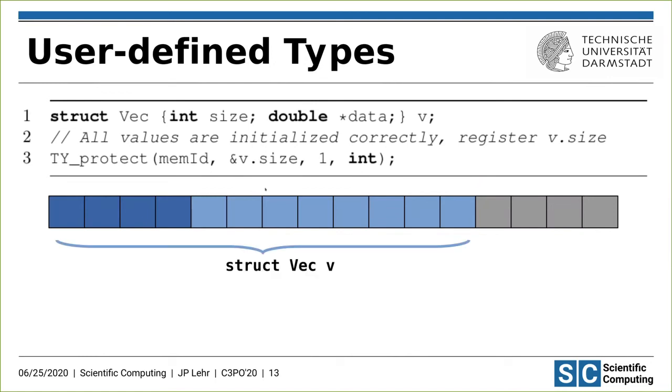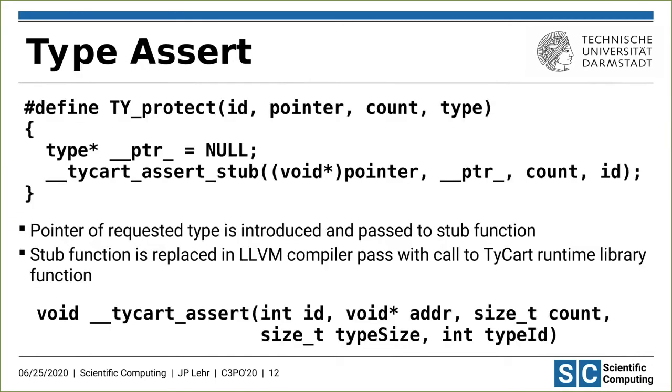So in memory, it looks like this. We have the struct vec v allocated here, and the first part of it being the size member. Now, the starting address here actually has two type informations. And I think I missed a slide actually.